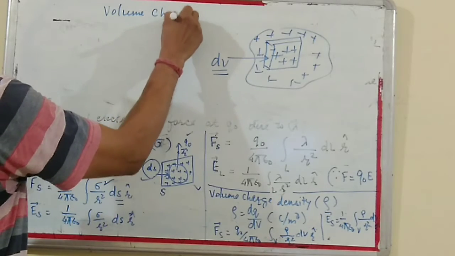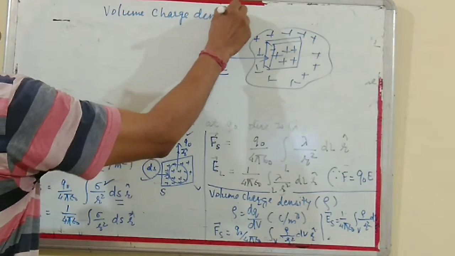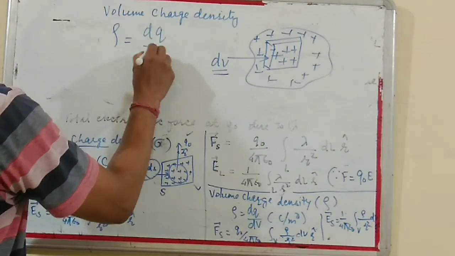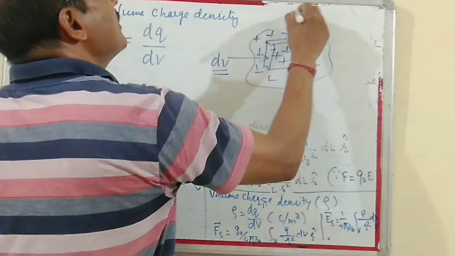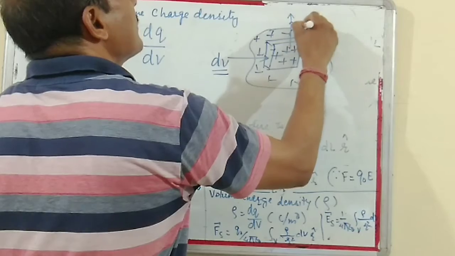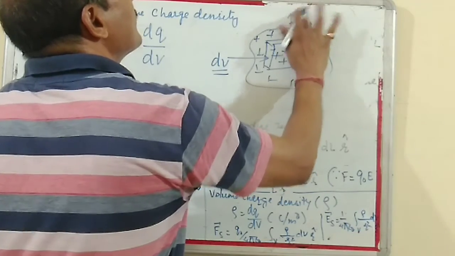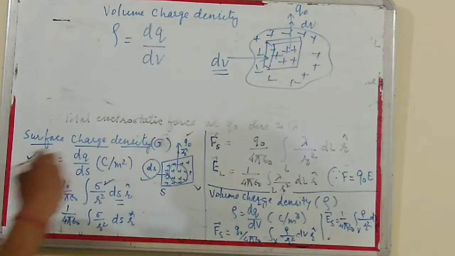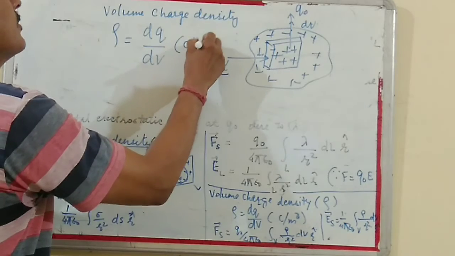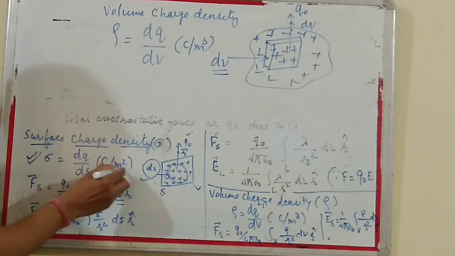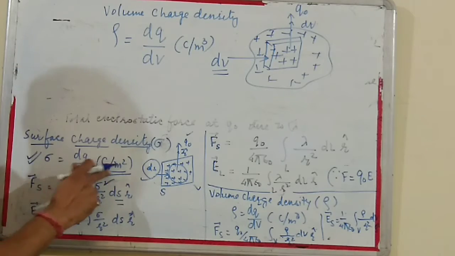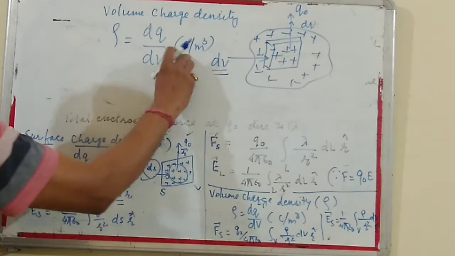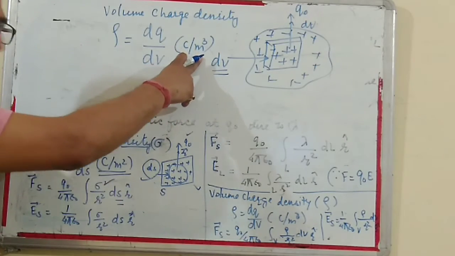Volume charge density is represented by rho, and it is given by dq by dV. It tells how much charge is distributed in this volume. Its SI unit is coulomb per meter cube, just as the SI unit of surface charge density is coulomb per meter square.